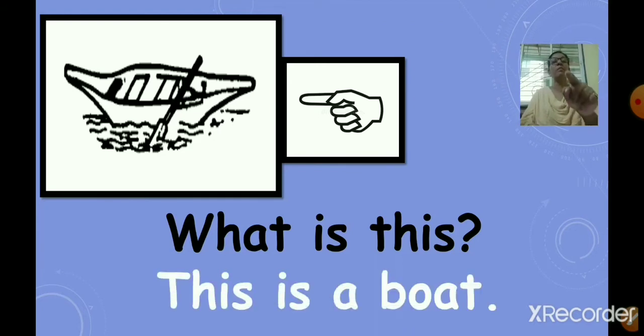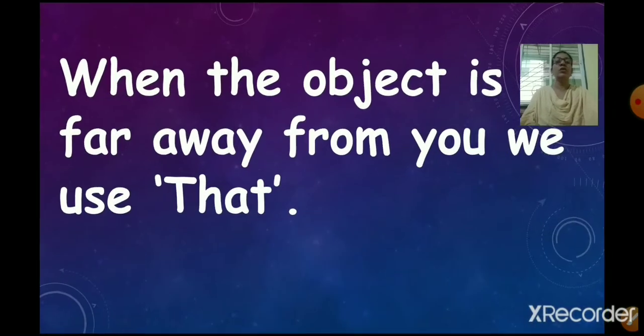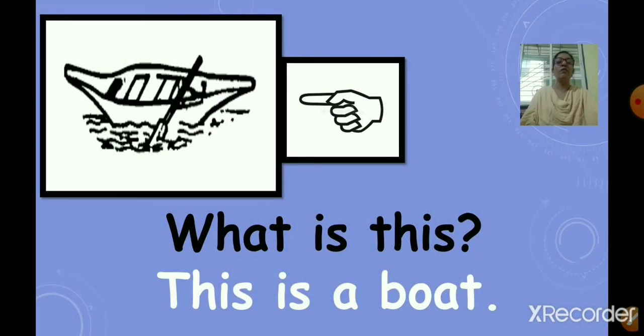This is a boat. So, when do we use this? When the object is near to you, we use this in the sentence.